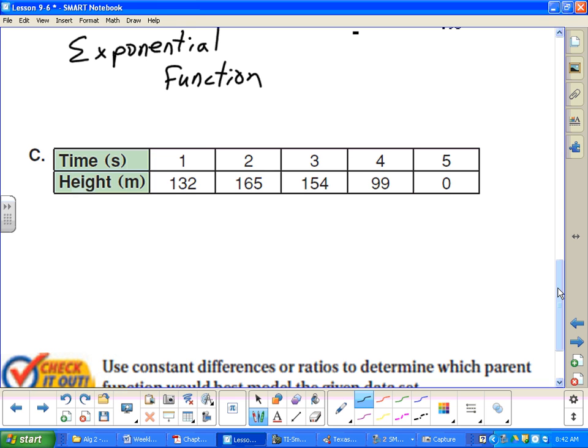Let's look at letter C then. Here we have time in seconds, 1, 2, 3, 4, and 5, and the height in meters. So it must be some object that is flying, maybe.